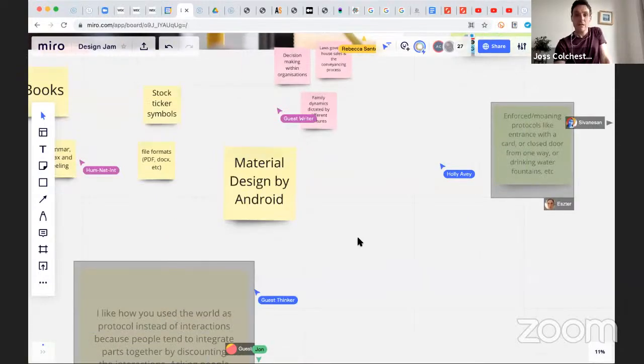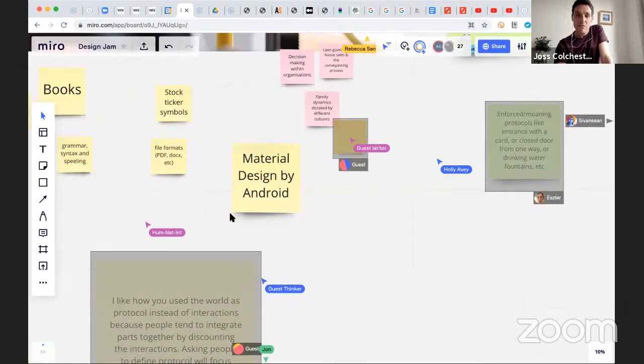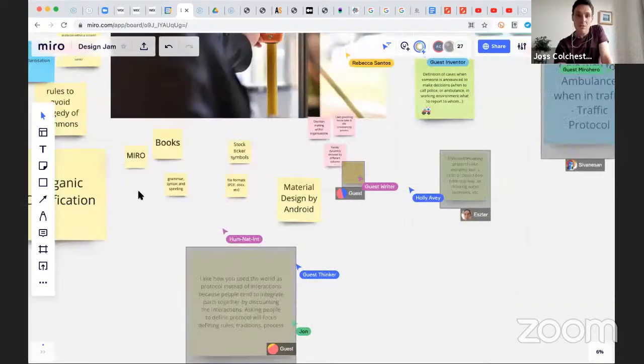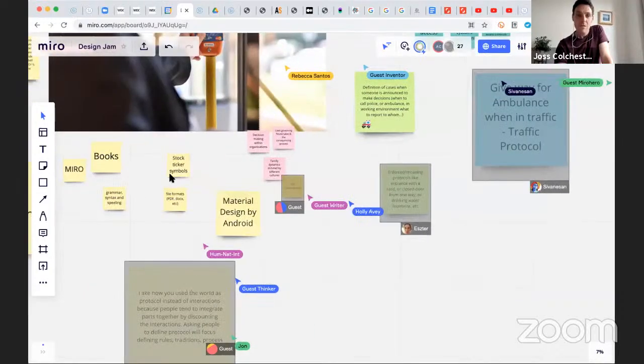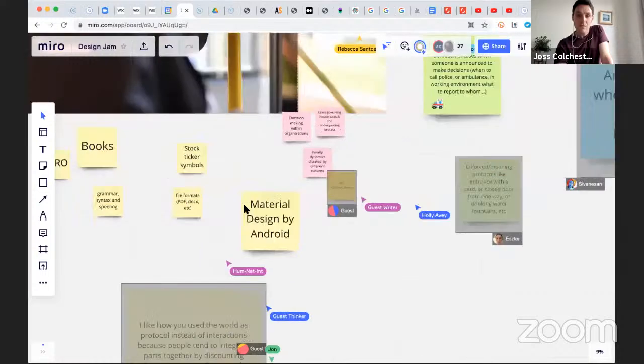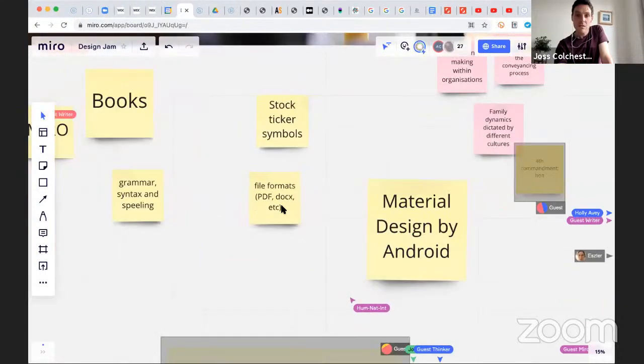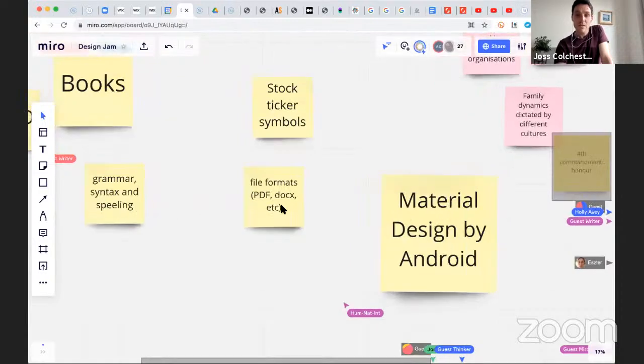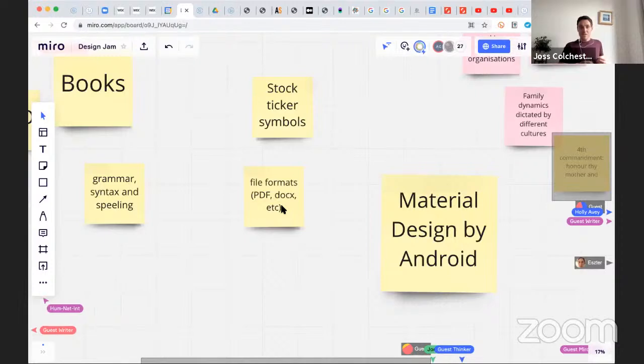Okay. Anybody else want to talk on that? Android's material design? File formats, PDFs, docs, etc. Yep.